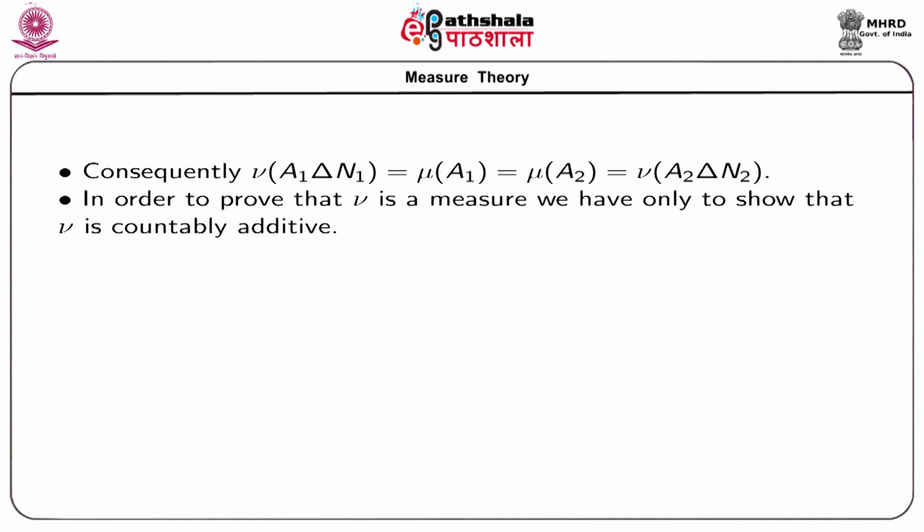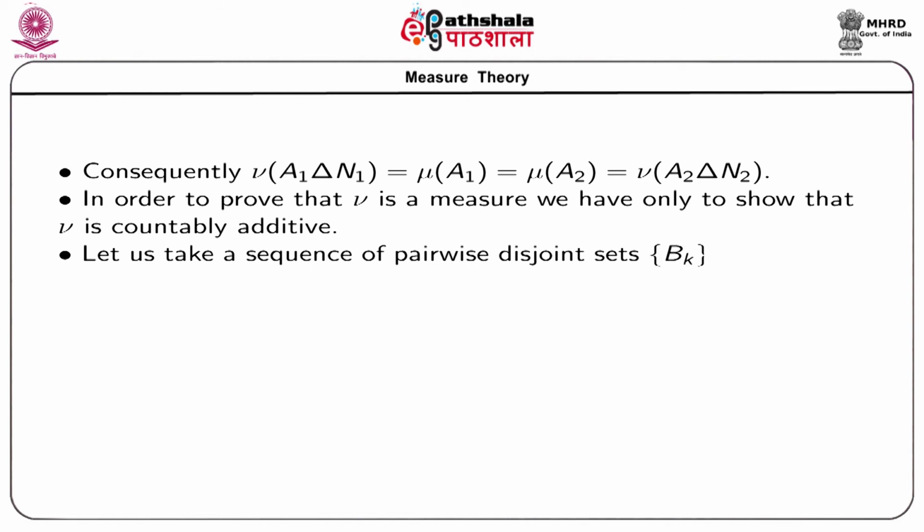In order to prove that nu is a measure, we only have to show that it is countably additive, because in any case it is taking the values of mu, and mu being a measure is already non-negative, and mu phi is equal to 0.